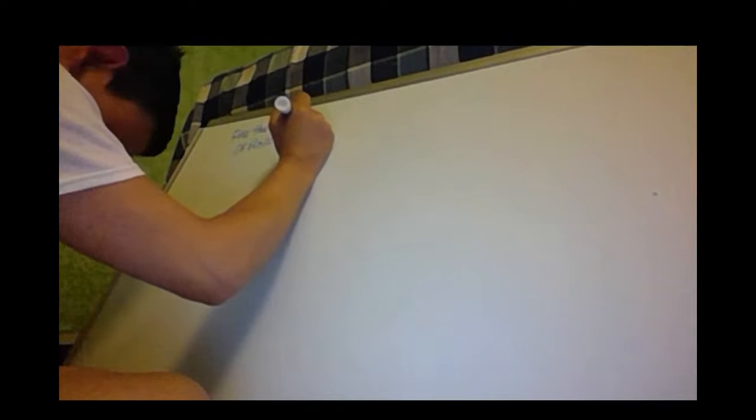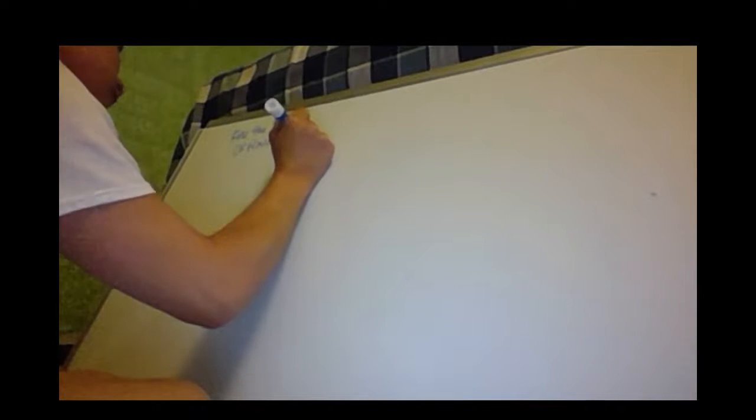So we're going to do a problem that says find the domain of f of x equals 4x over 5 times x minus 1 times x minus 5, right?